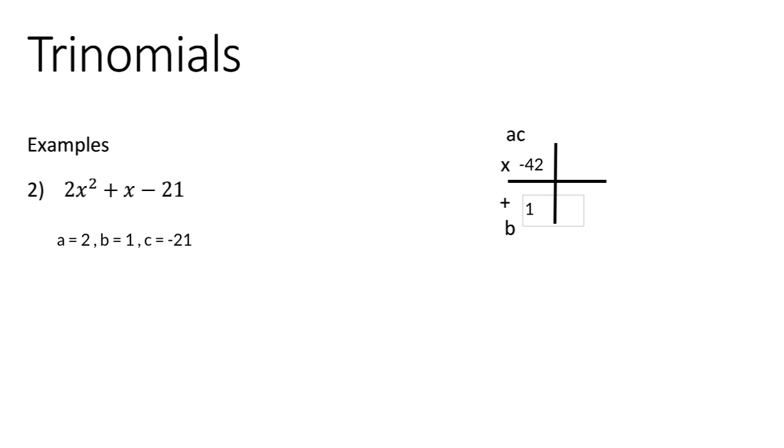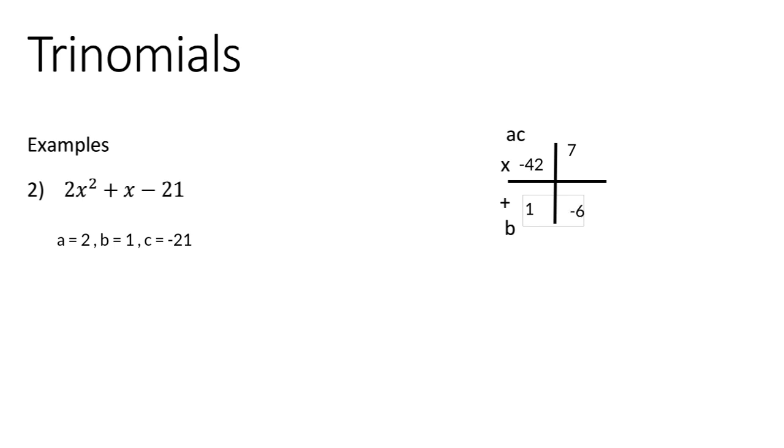We'll put the 1 in there, and now I'm thinking to myself, I need two numbers that when I multiply the two numbers together, I'm going to get negative 42, and when I add those same two numbers, I'm going to get 1. So again, I've been practicing this, so I'm quite happy that it is going to be 7 and it's going to be negative 6.